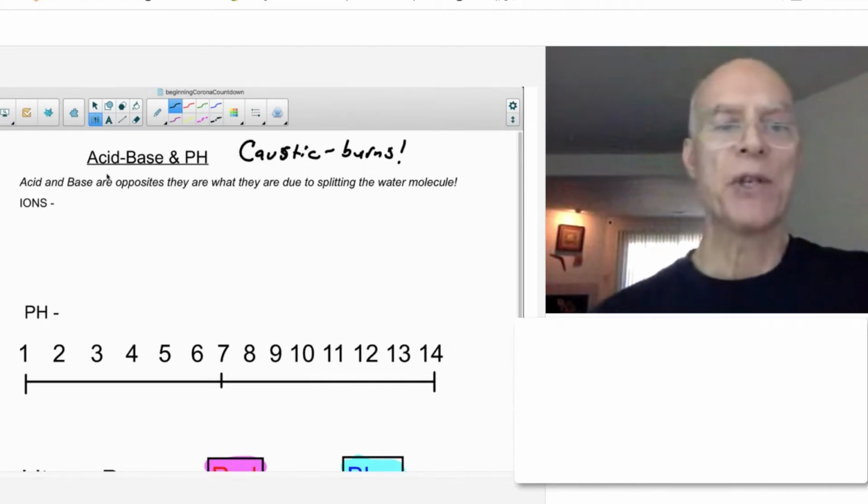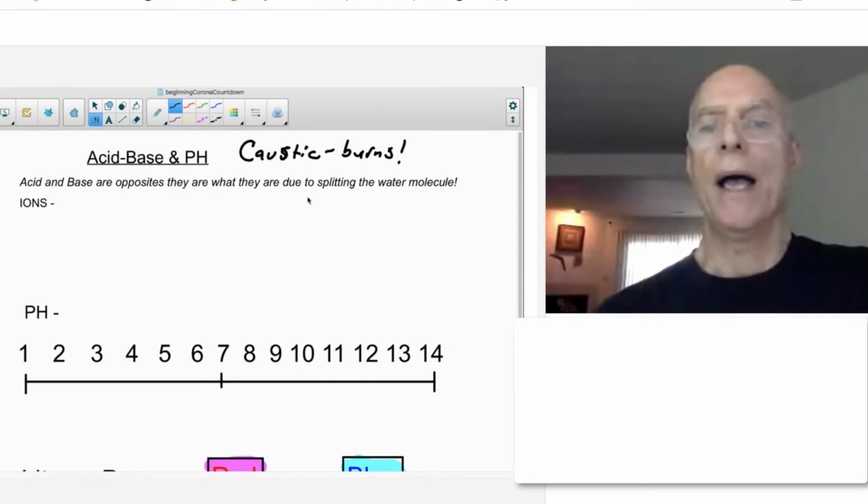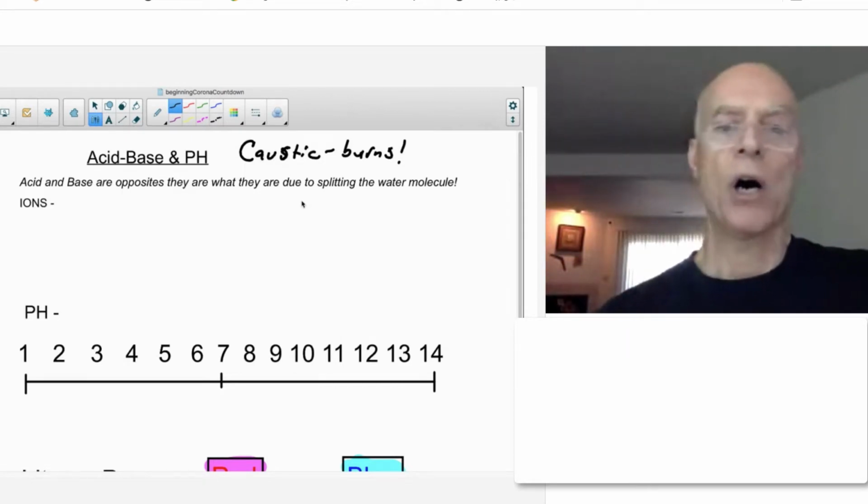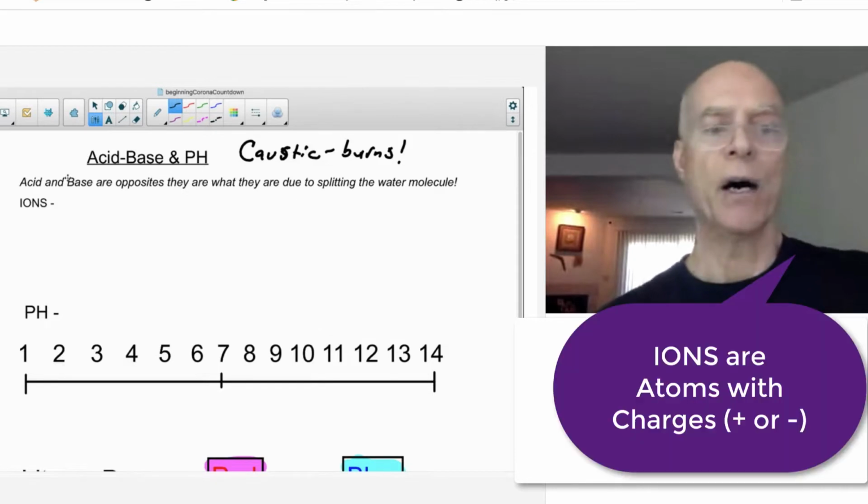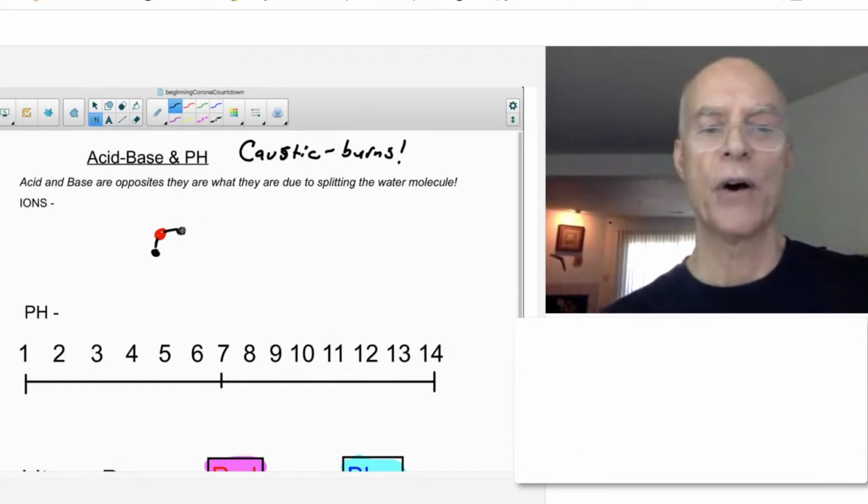Acids and bases are opposites, all right? And what they actually are is ions, caused by the molecule of water. So here's my water molecule, and you should get used to what water looks like. It looks like that. So the red thing is the oxygen, and the dark things are hydrogens.